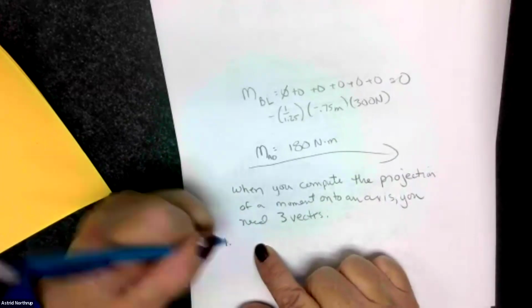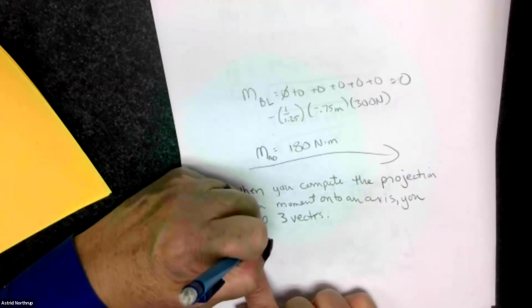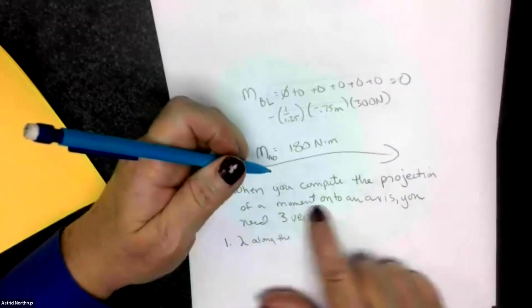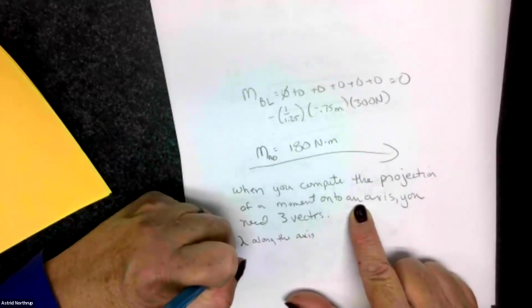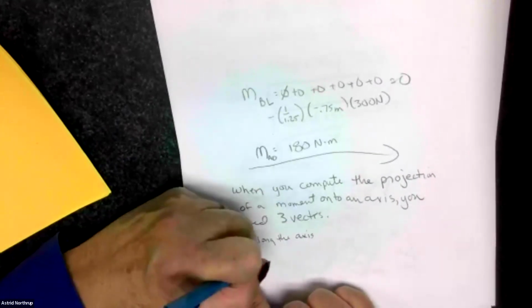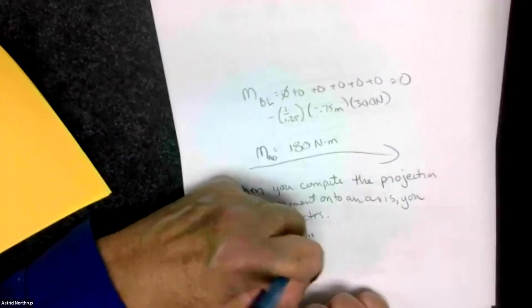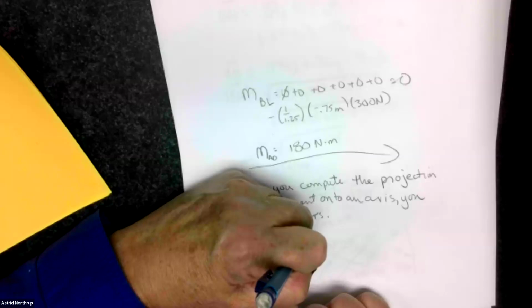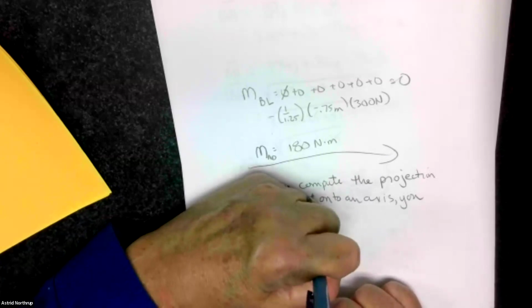The first one you need is lambda, the unit vector along the axis. The second one is R, which is from the line of action.